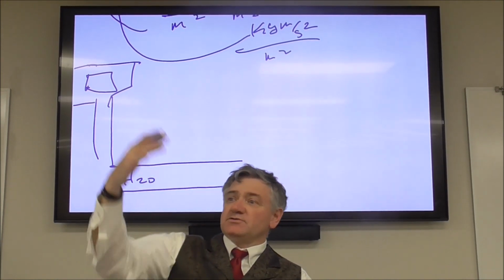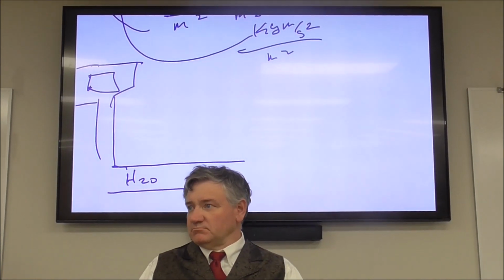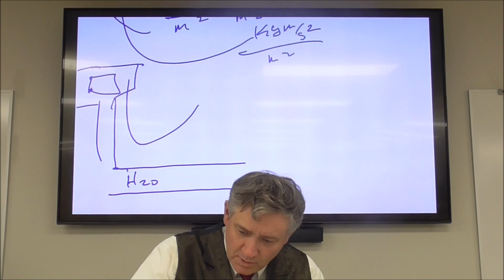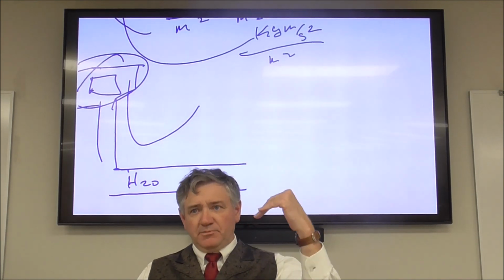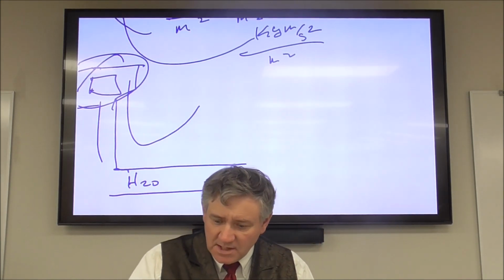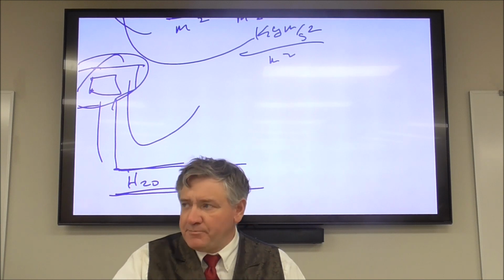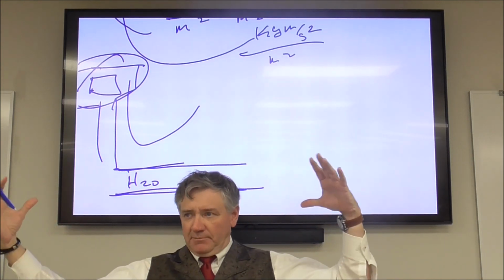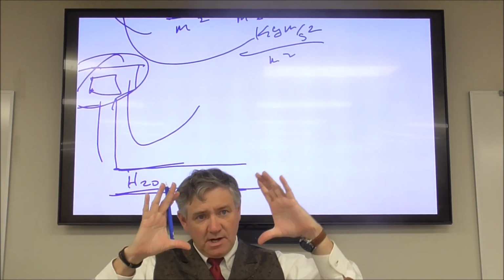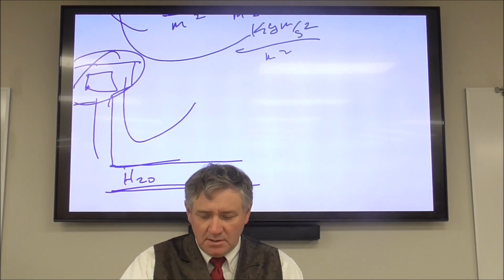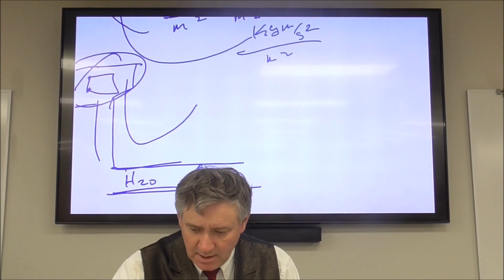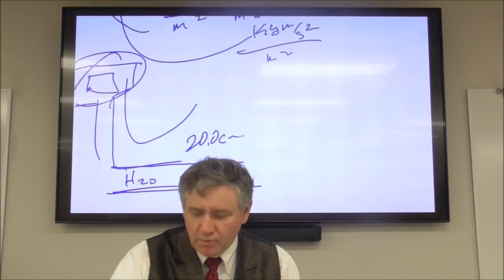Gravitational potential. Yeah, you're storing gravitational potential energy. You've got to do work to lift the water up there. Then it's going to come down into a bigger distribution pipe. So underneath the ground, you might have a pipe that maybe has a diameter of 20 centimeters.